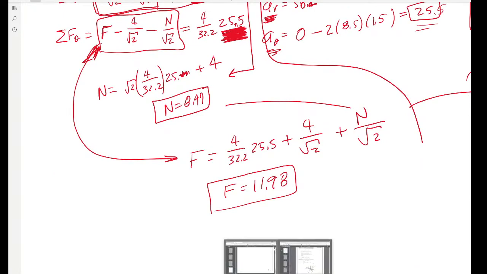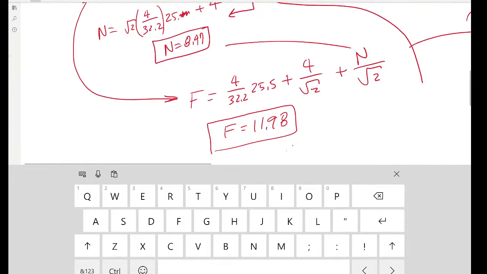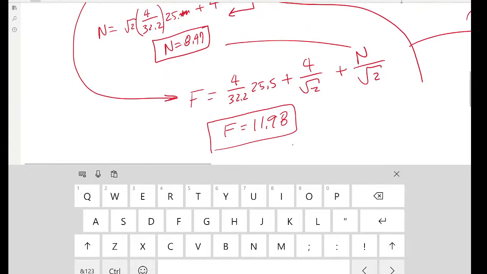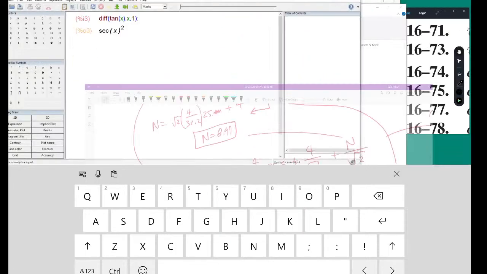Let's look at the other problem. In a minute. Let me find where's my mouse? There it is. Okay.